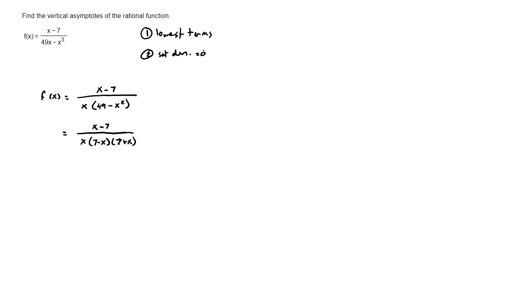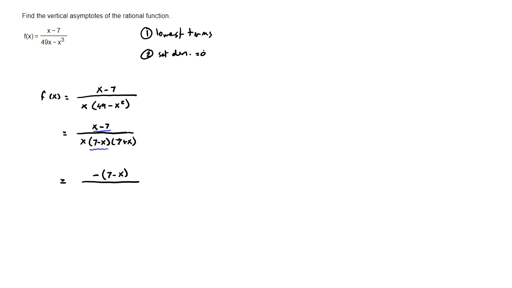Now here's what you would notice, that this isn't exactly the same, but you can always make it the same by factoring out a negative, meaning this numerator, I can make it into negative parentheses 7 minus x.